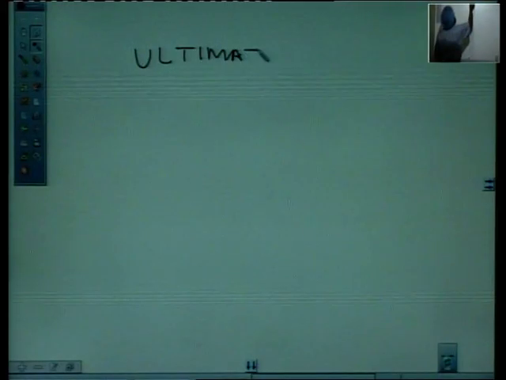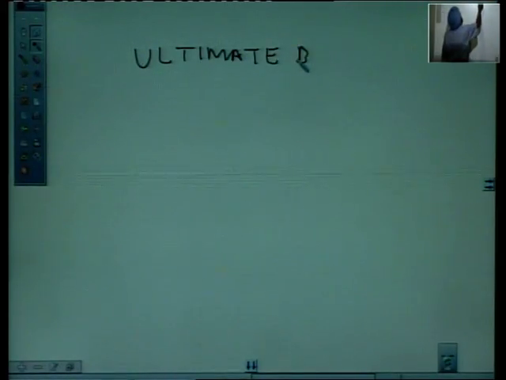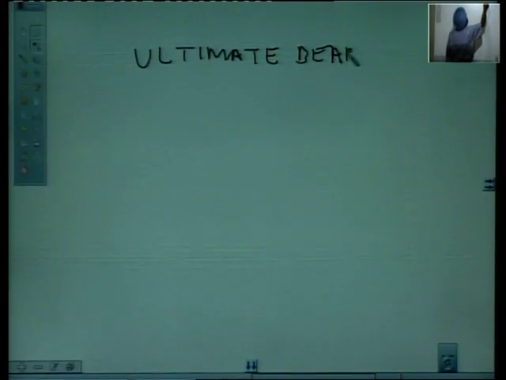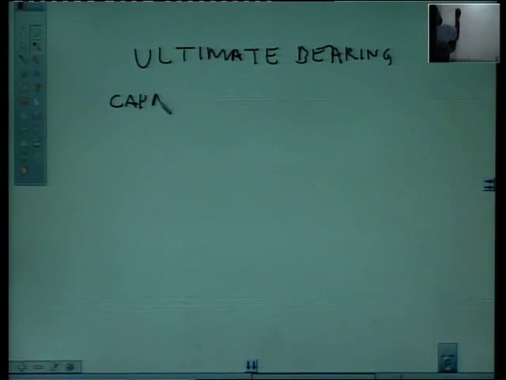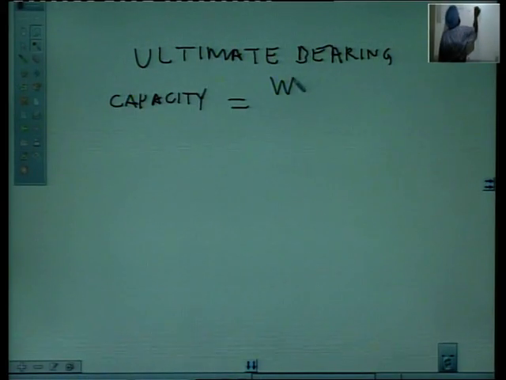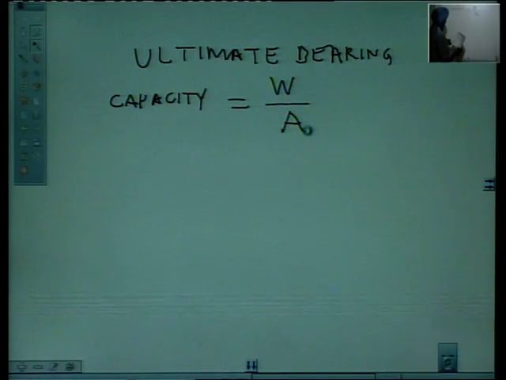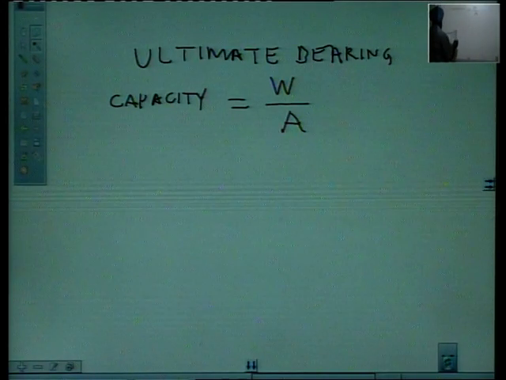Ultimate bearing capacity of soil is W upon A: load coming on that bulk and area of the sole plate. So, this way we find out the ultimate bearing capacity.